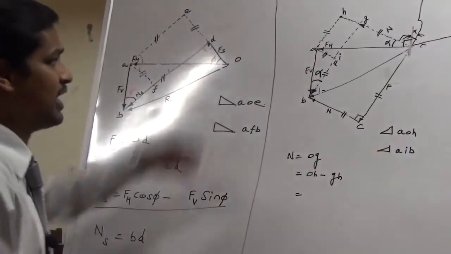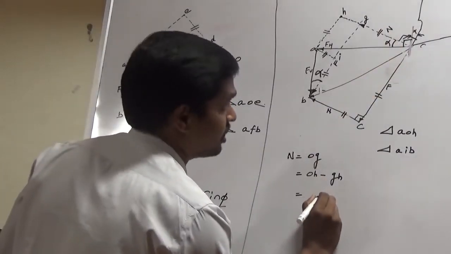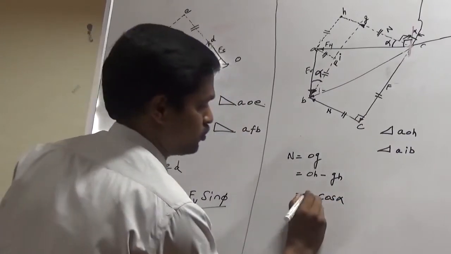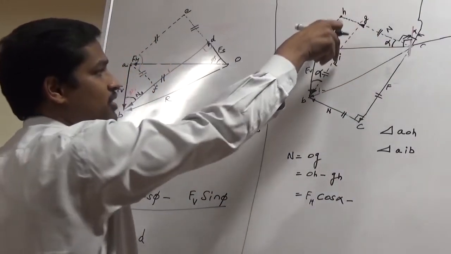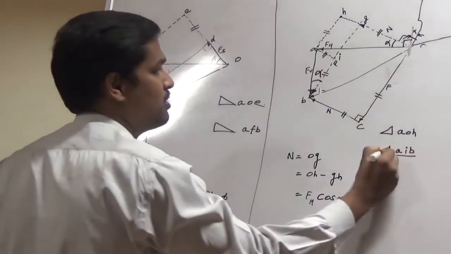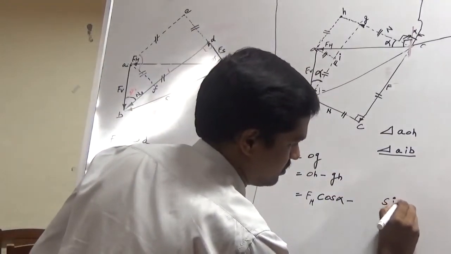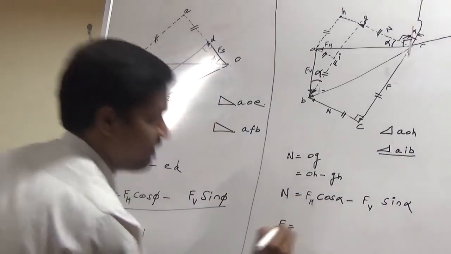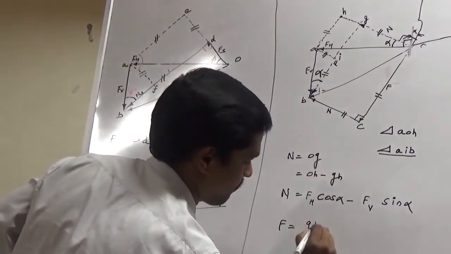So considering first triangle, OH can be found in terms of FH relating alpha, that's adjacent side, so cos alpha, so FH cos alpha minus GH is here, GH is equal to AI, AI I have to find from the second triangle AIB, so AI is opposite side, that's sin alpha, FV. So N value I have found.